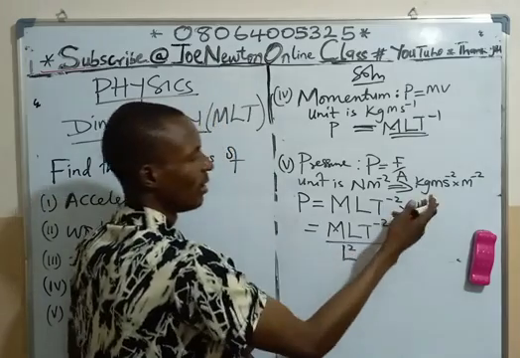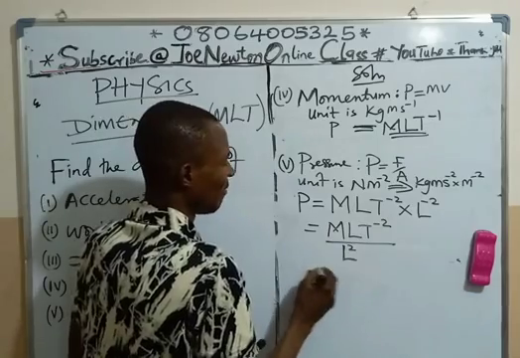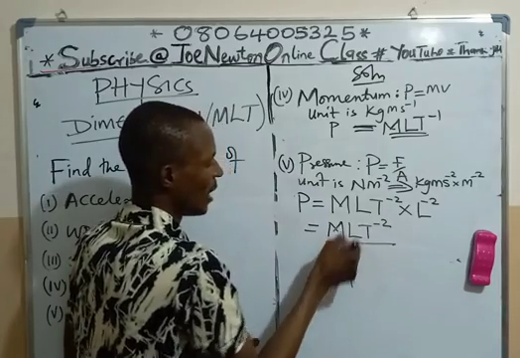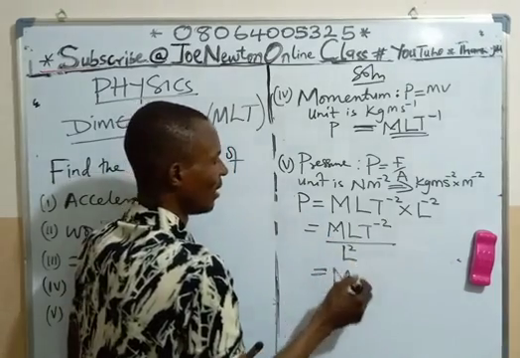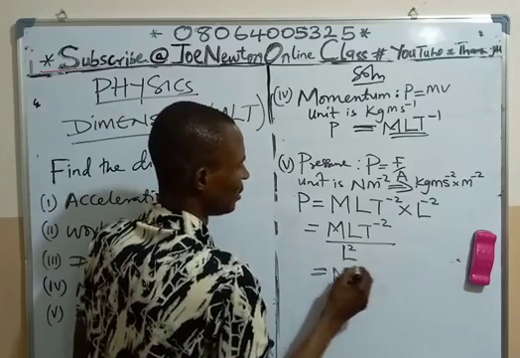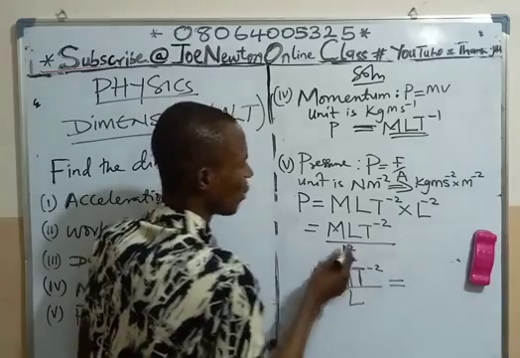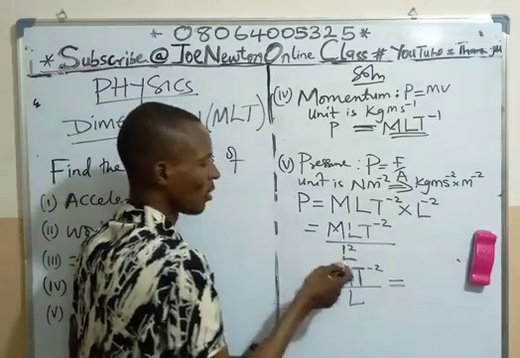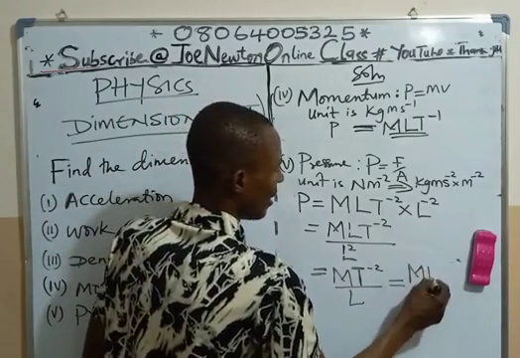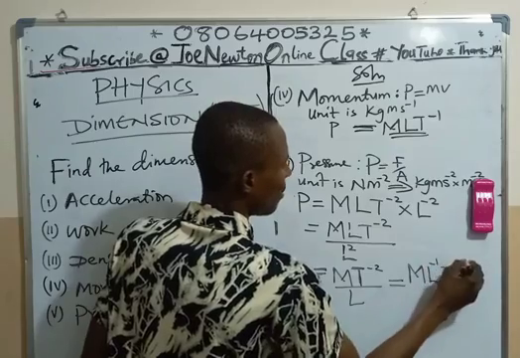Remember, in indices, raised to power minus means 1 over. So finally you have M, then L will kill one L here, remaining one L. Then T raised to power minus 2 over L, because one L will go out. Finally we have M L raised to power minus 1 T raised to power minus 2.